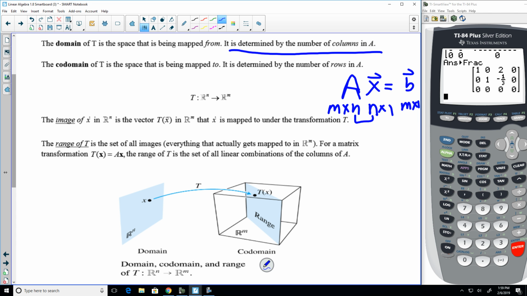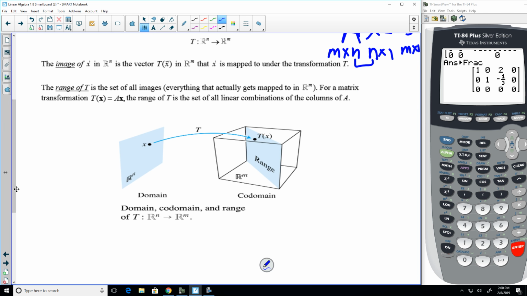And then we say the image of x is the vector T of x. So it's just a name we're going to call it. When we have an x in the domain and we multiply that x by matrix A, we get a new vector. That vector is called the image of x. So in this picture, we have our domain.